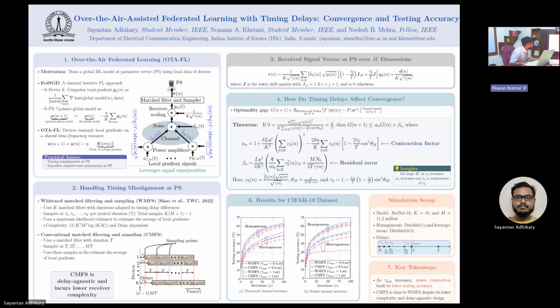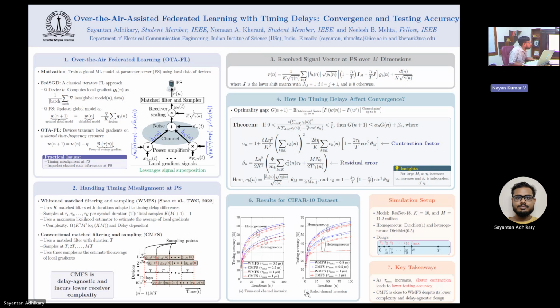And also we see that for heterogeneous partitioning, when there is a lot of heterogeneity across devices in terms of the data partitioning, the delays affect more, and the testing accuracy naturally degrades.